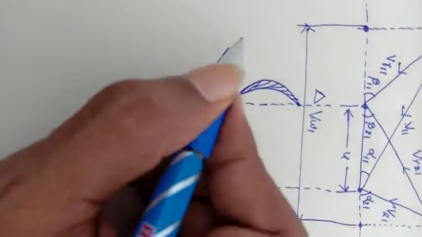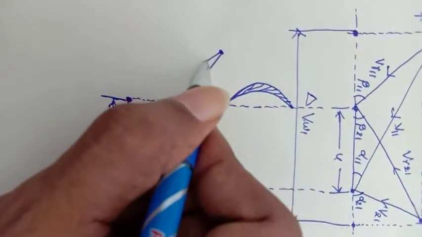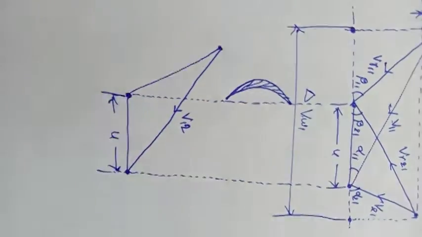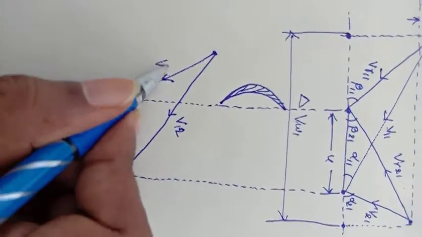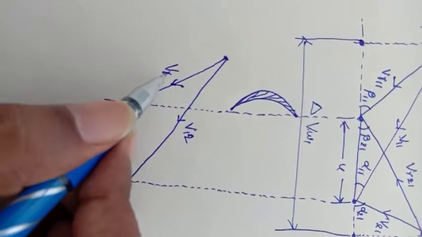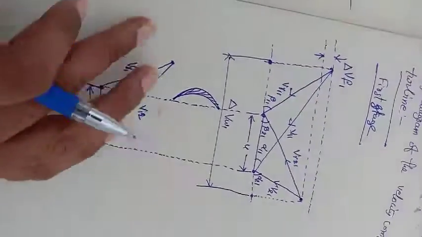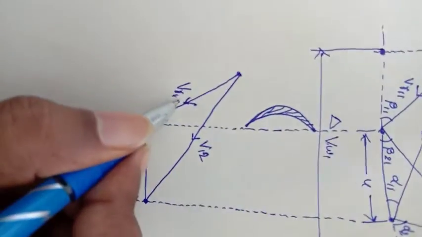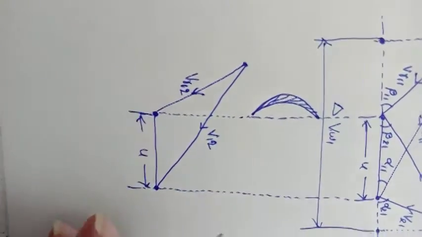And we know very well, join these two. Here it will come VR1, the real velocity at first inlet blade, and here we fix 2 for the second stage.